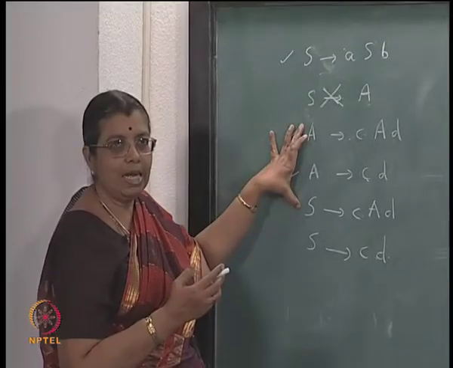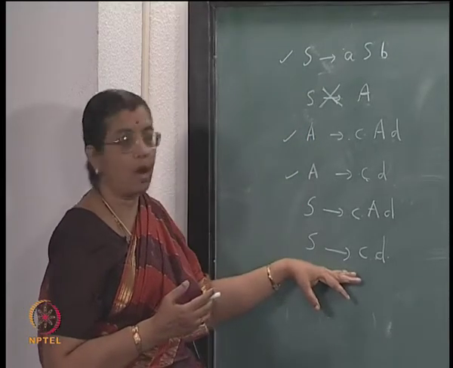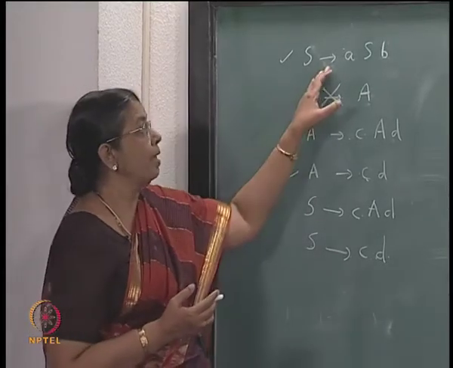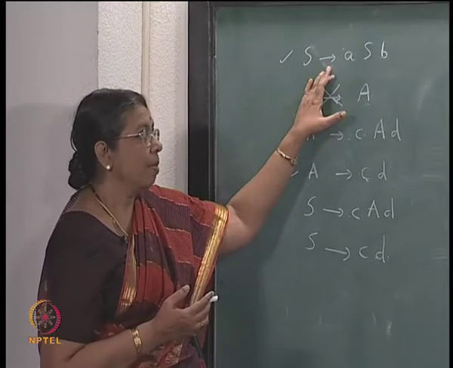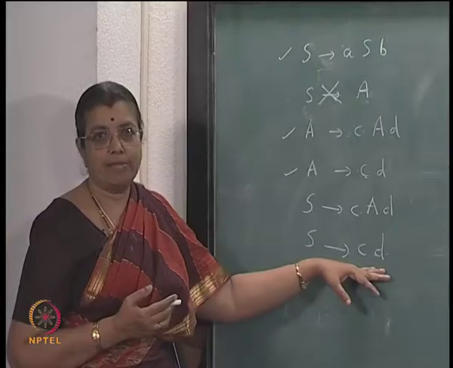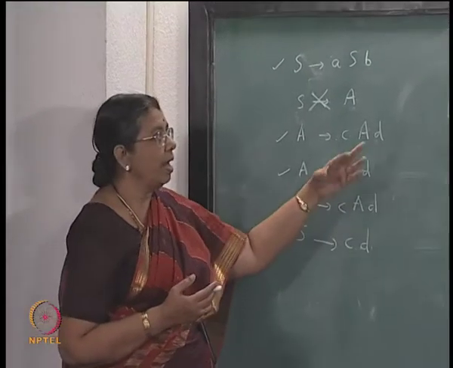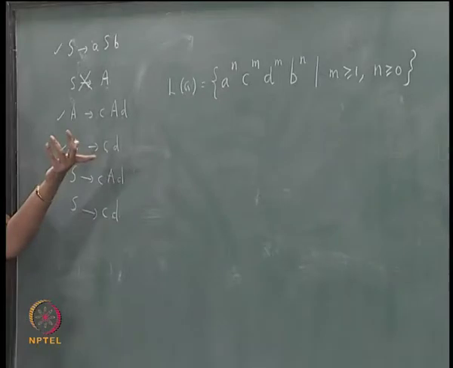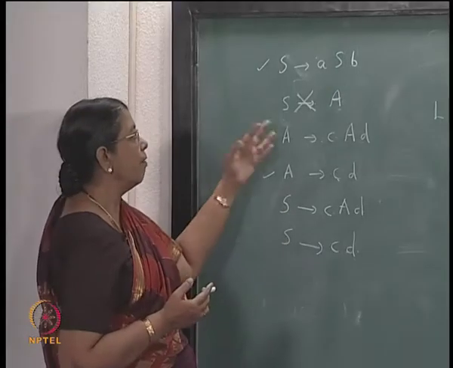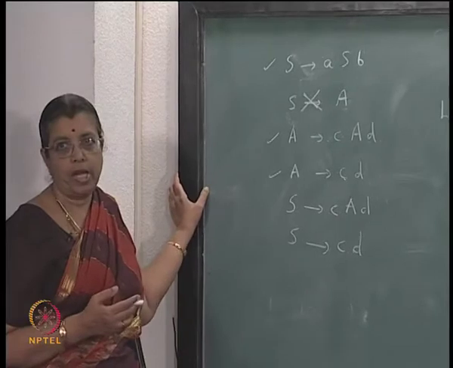Just one CD alone you want means you use this rule after applying this rule. You need not apply this rule at all, because n can be 0 also, just CD also belongs to the language. You can start with S and derive CD. There n can take the value 0, 1, 2 etc. M takes the value 1, 2, 3, there should be at least one C and one D. So, this is the way you get rid of the unit productions.